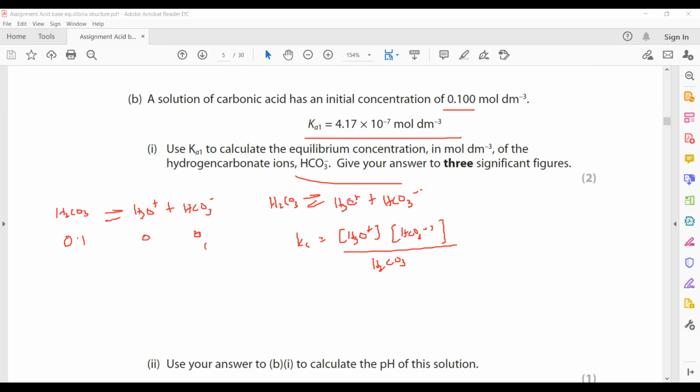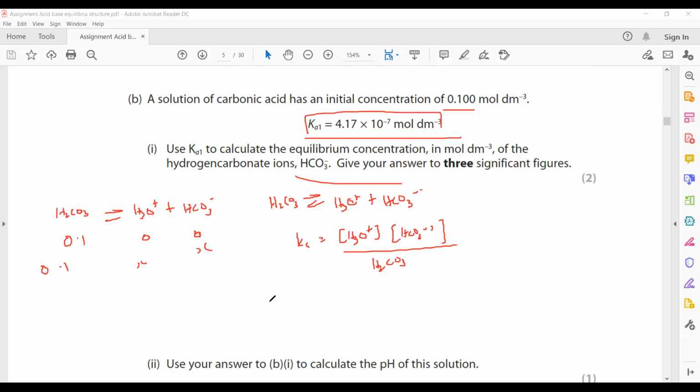At equilibrium, this will be x, this will be x, so this will be 0.1 minus x, but our assumption is that x is negligible, so we neglect that. So we have the Ka expression we worked out, and the Ka value is given in the question, which is 4.17 × 10^-7.